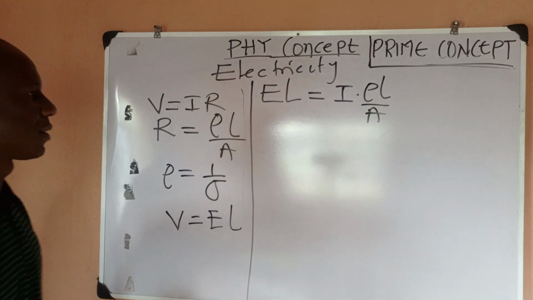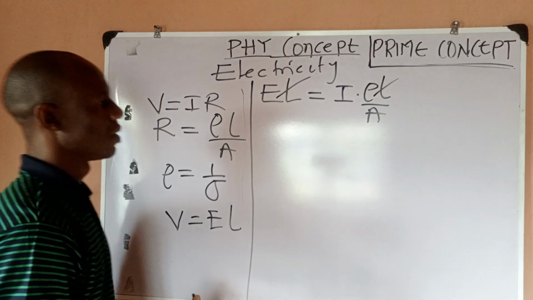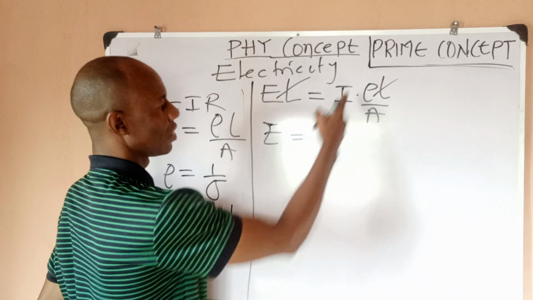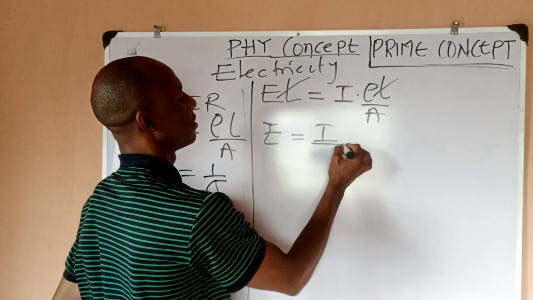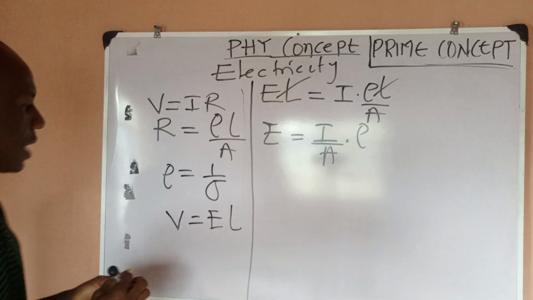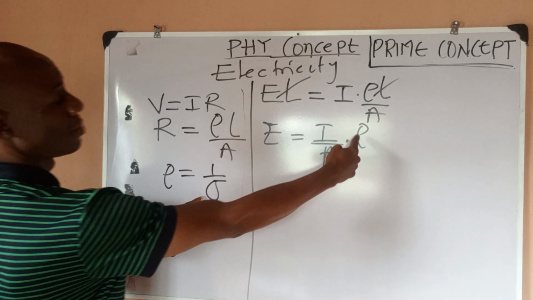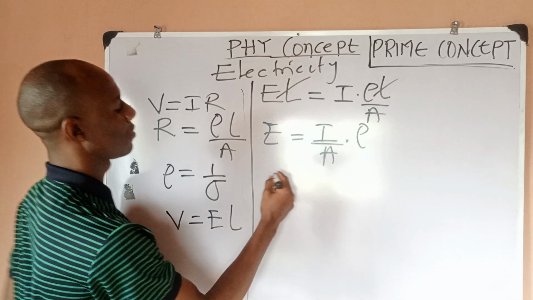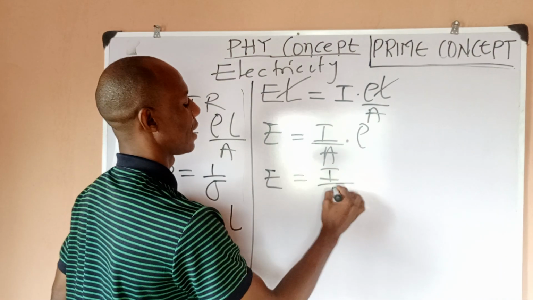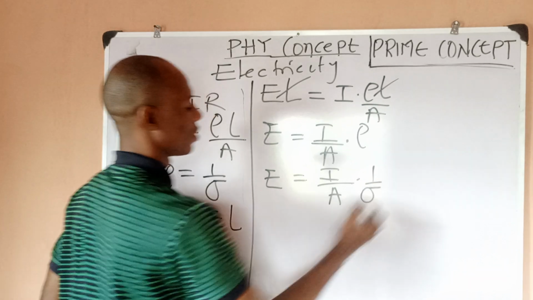So I have this. Now, clearly watching, you know that L would fizzle out. Now then you have that E is equal to I divided by A times rho. So this is what we have. Now we earlier know that rho is 1 over conductivity, so I can simply replace this. So I would have that E is equal to I all over A times rho, which is now 1 over conductivity.